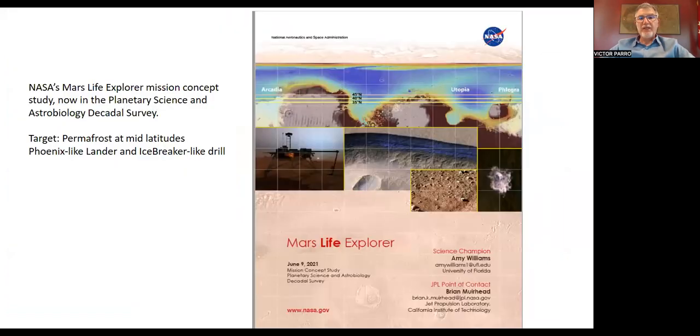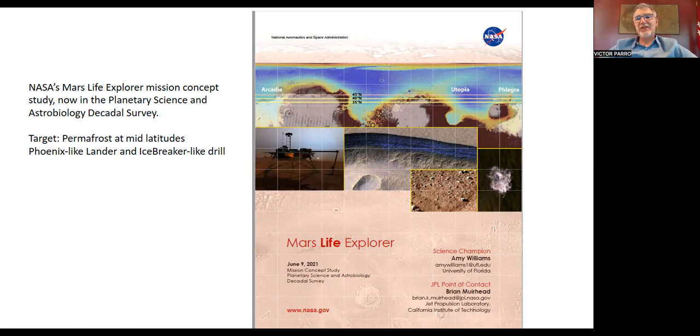Okay, so just to say that very recently NASA has released the mission concept study that is now in the Planetary Science and Astrobiology Survey, which is the Mars Life Explorer. The target of the Mars Life Explorer is again similar to the one we have in Icebreaker, to target the permafrost, now at mid-latitudes.